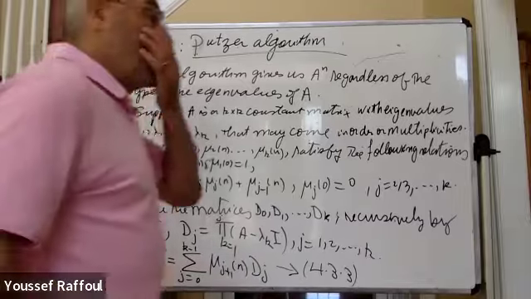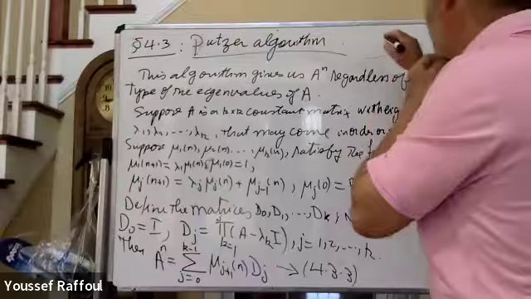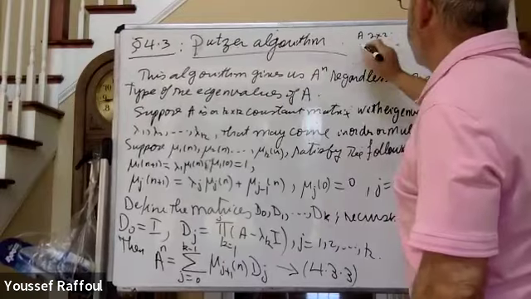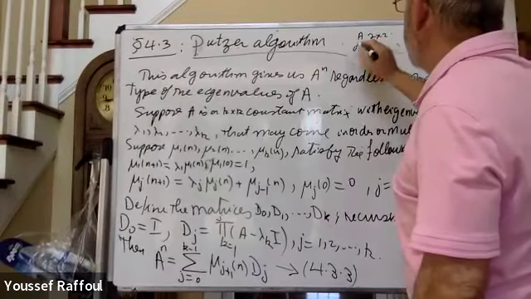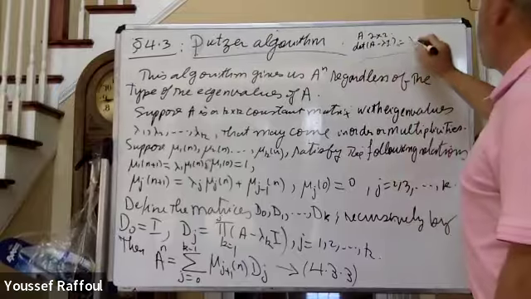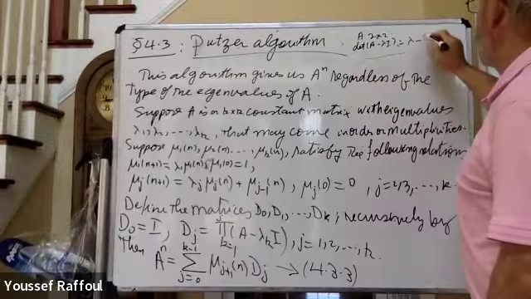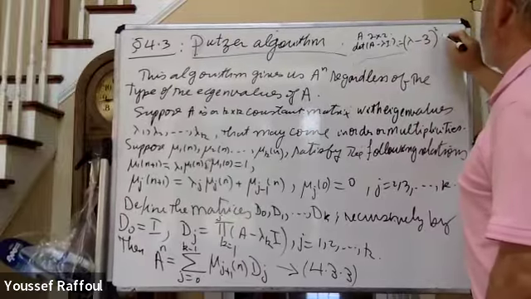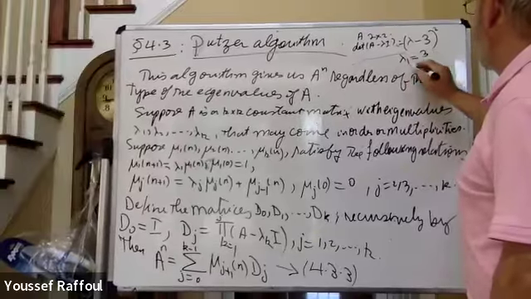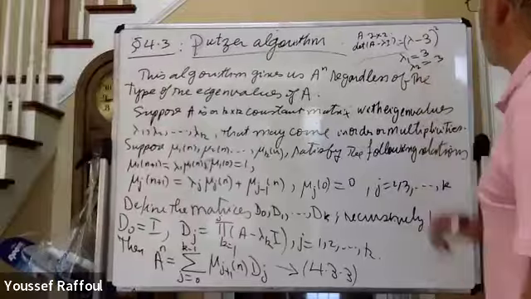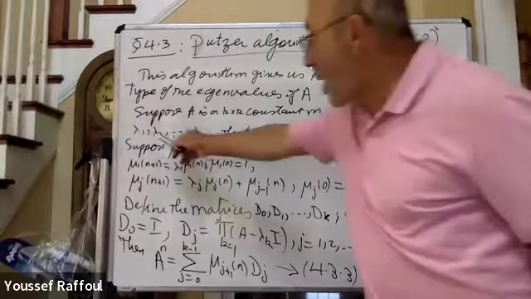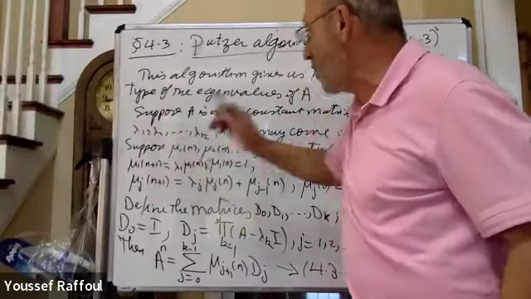So for example, if you have A that is a 2 by 2 matrix, and let's say the determinant of A minus lambda I equals lambda minus 3 squared. So you have lambda 1 equal to 3, lambda 2 equal to 3. You see how we are numbering them? That's how we are numbering here.